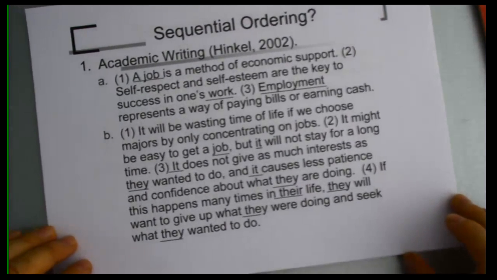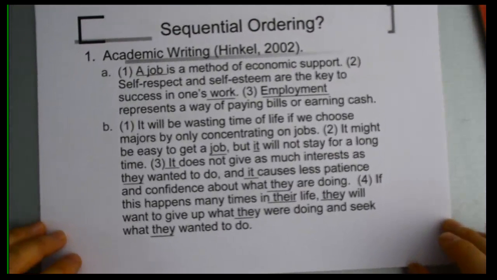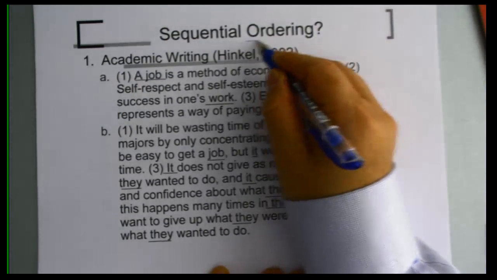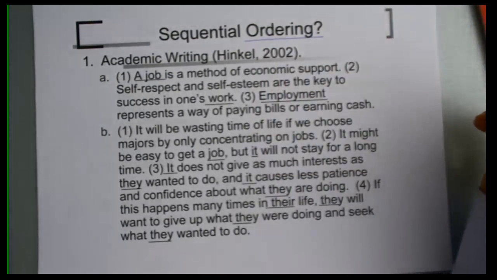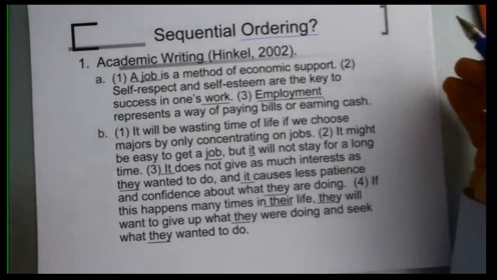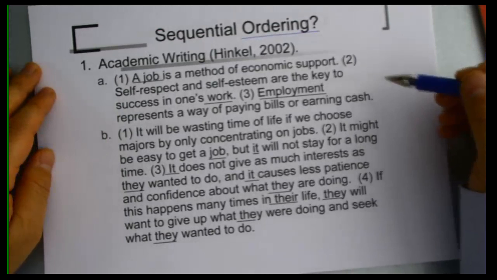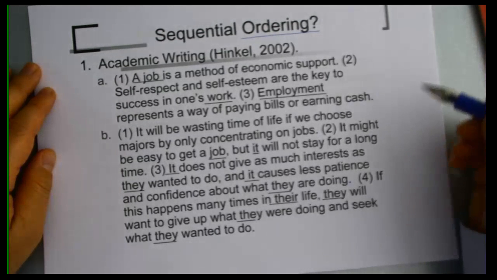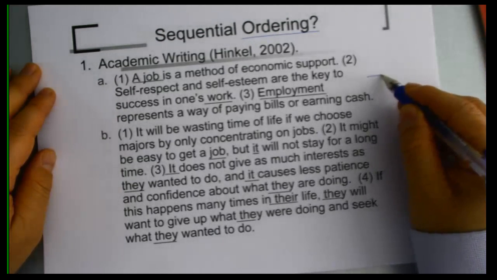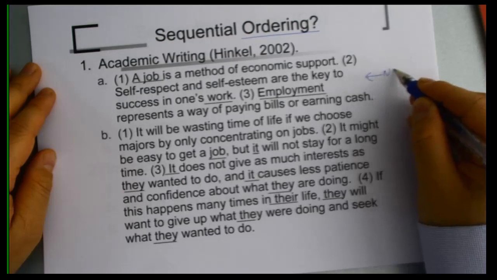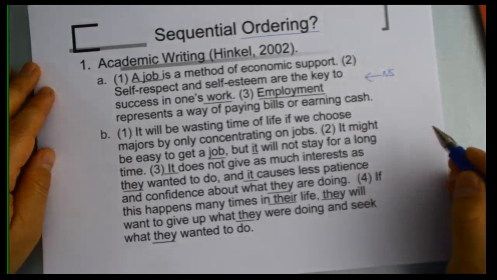The topic is what's called sequential ordering. Sequential ordering simply means you are looking at the sequence between sentences. Here you have two writings. The first one was by native speakers, college freshmen.